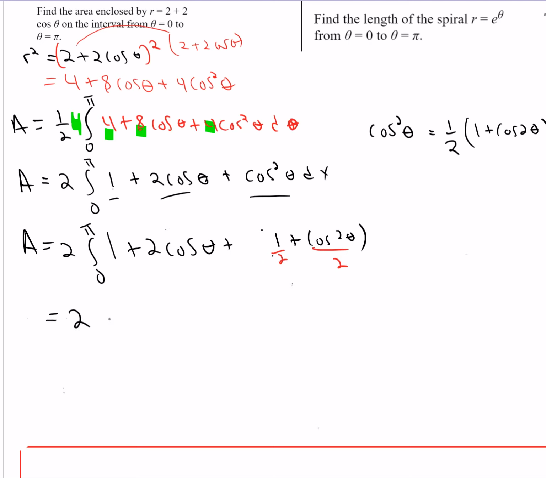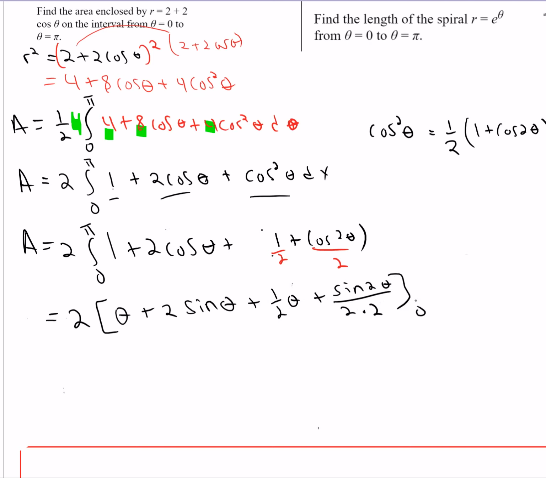It's going to be 2. The integral of 1 with respect to theta is theta plus 2 sine theta plus, this is going to be 1/2 theta plus the integral of cosine 2 theta, which is sine 2 theta over 2, so there's an extra 2 right here.